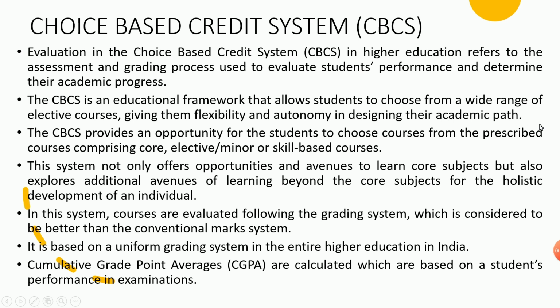A very simple example I am giving is the previous conventional marking system, the previous evaluation or teaching system at school level. From the first standard, second standard, up to 12th, based upon what group you have chosen in the 12th standard, the subjects being taught to you would be strictly fixed.